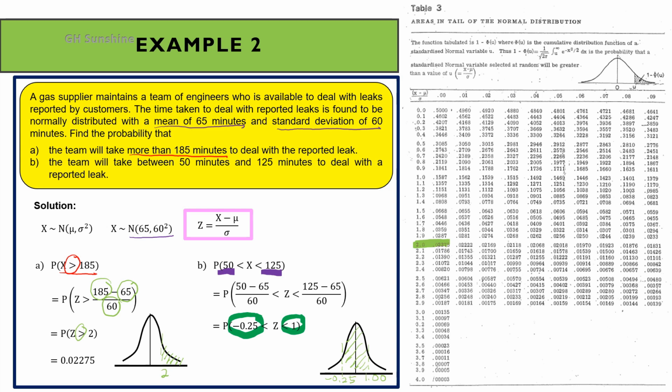So find the probability values based on negative 0.25 and 1.00. For 0.25, the probability value is 0.4013, and for 1.00 here it is 0.1587. Therefore, the final answer is 0.44.